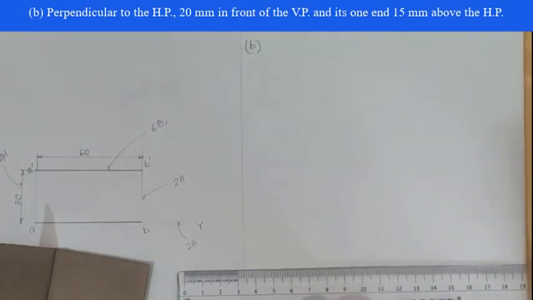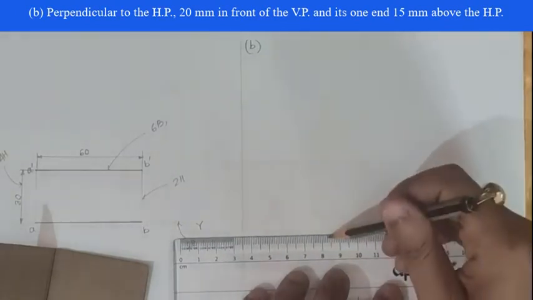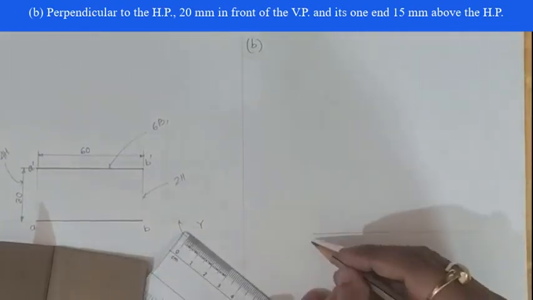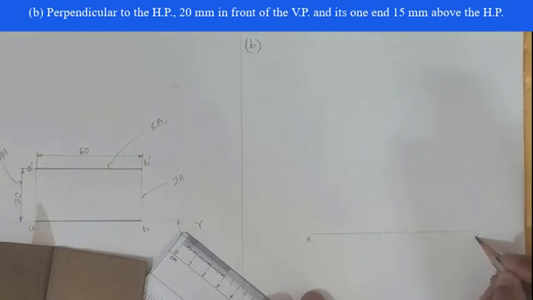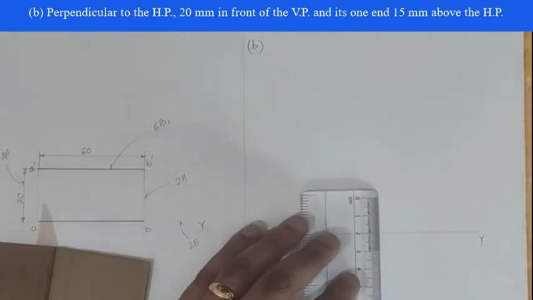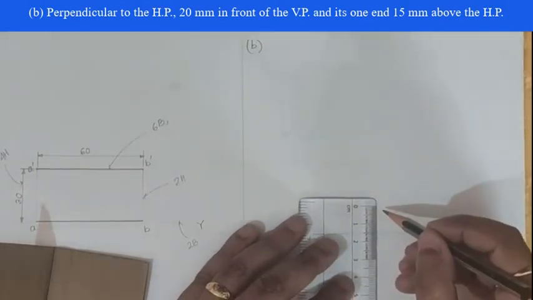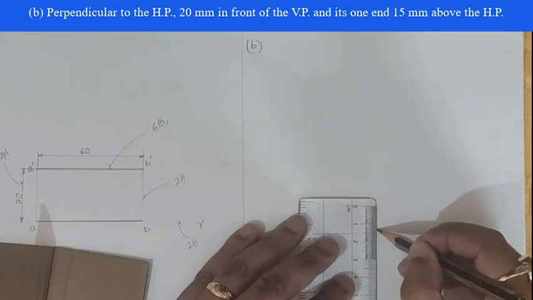First of all, we will draw the XY line over here. This is the XY line, and then at a distance of 15 mm, first of all we will mark this 15 mm point here.